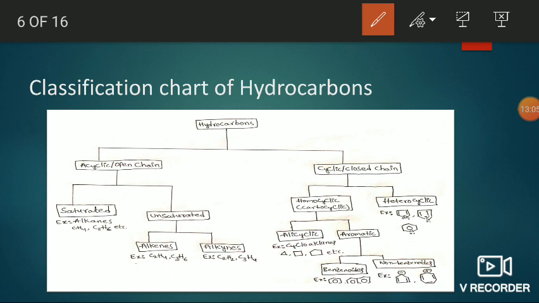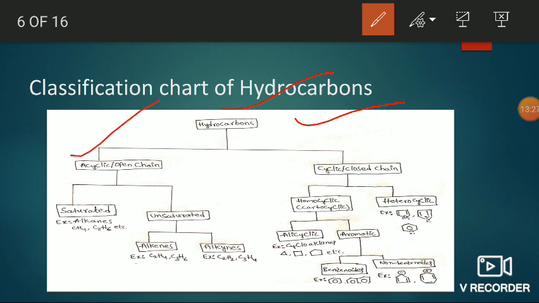Next, if you summarize the classification of hydrocarbons, this chart gives information about the classification of hydrocarbons. Hydrocarbons are classified into two types based on the arrangement of carbon atoms.